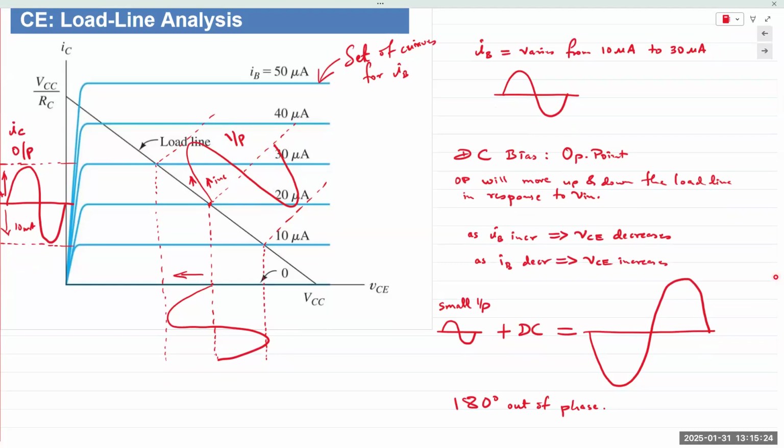And what we will see is that the output will move in response to the input. We have a load line on the output, and we can see the change in the output as a response to the input. So far, so good. Let's go into the example, and then it will start making more sense.